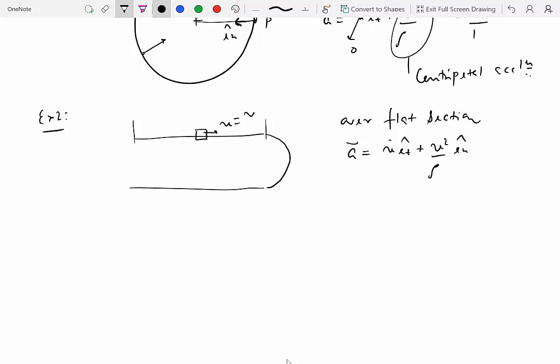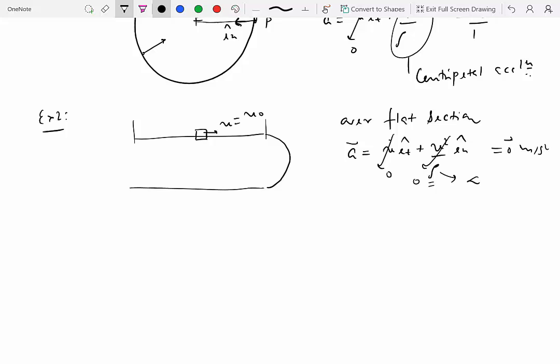Now velocity is given as constant, which means that this term would be 0. What about v squared over rho? What is the radius of curvature over the flat section? Rho is actually infinity, because you would need a circle of infinite radius to fit over the flat section, which means that this quantity is also 0. So over the flat section, acceleration is 0 meters per second squared.